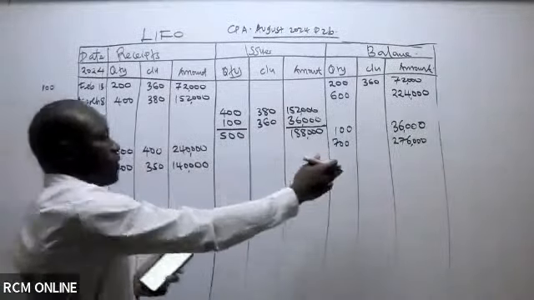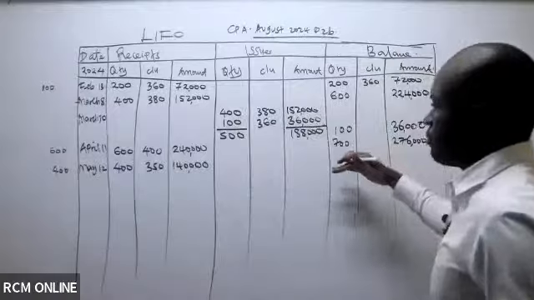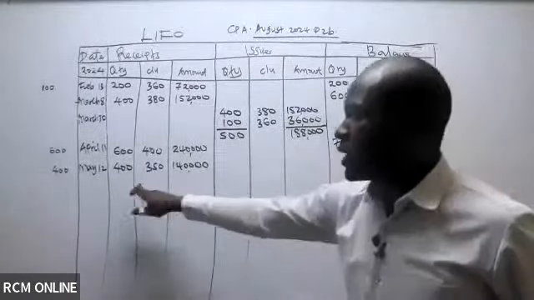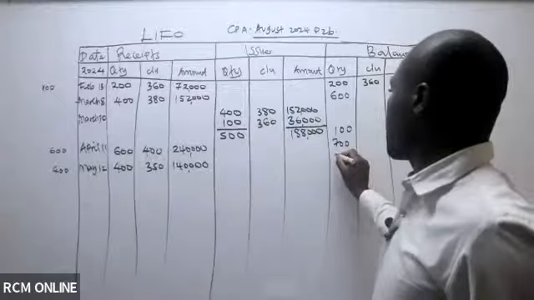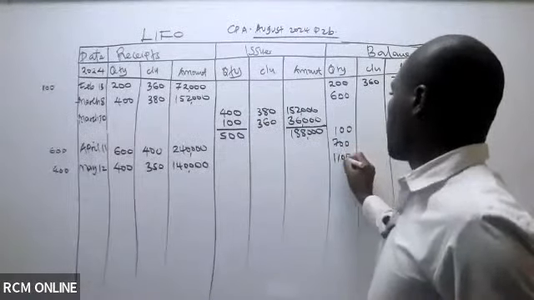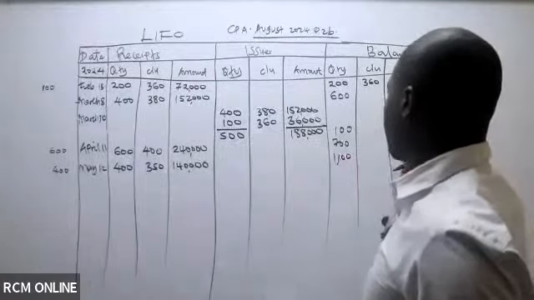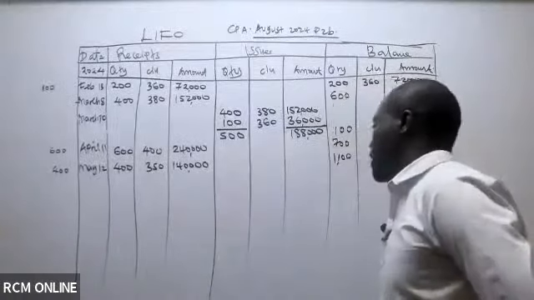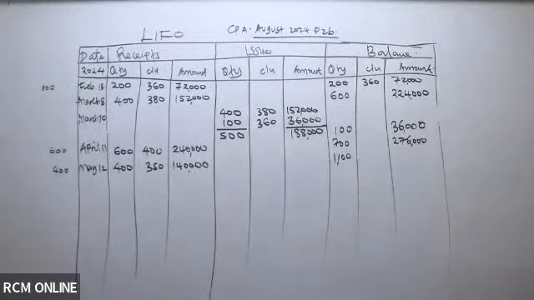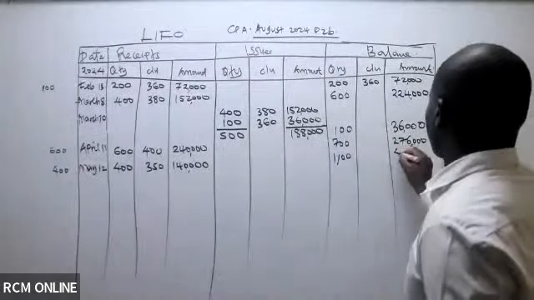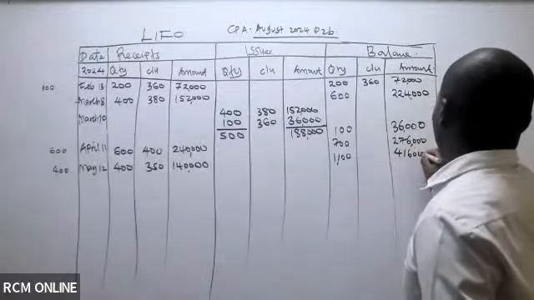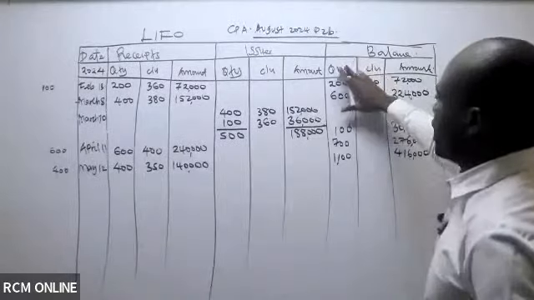Can we get the value of the goods? 700 plus 400 is giving us 1,100. Good. 276,000 plus 140,000. How much will it be? Is it 416,000? That is what we are getting as per this table.